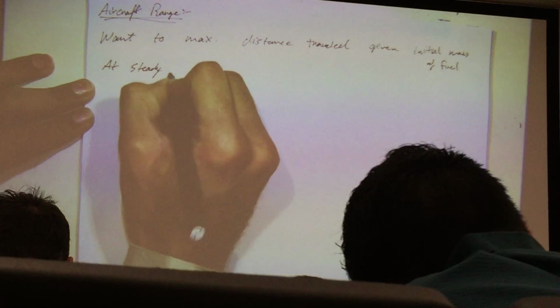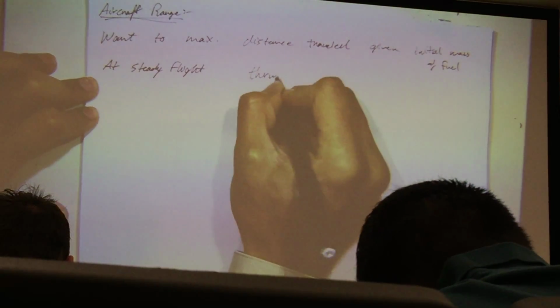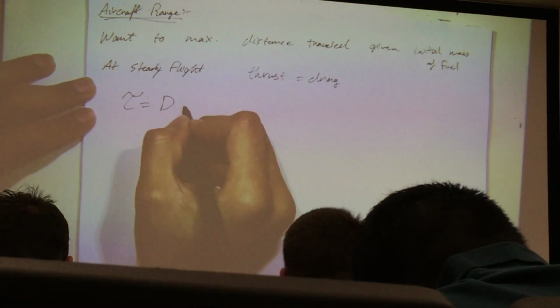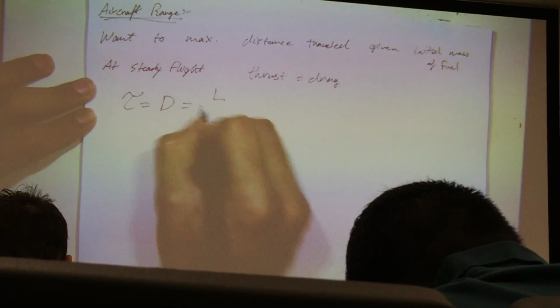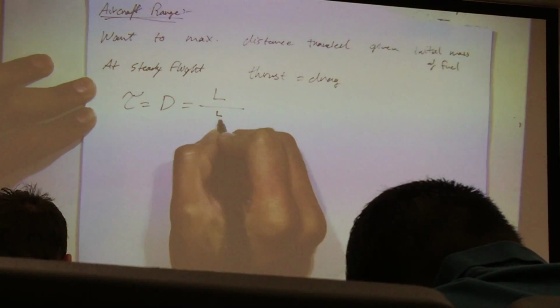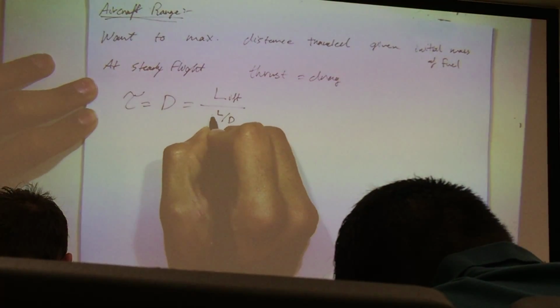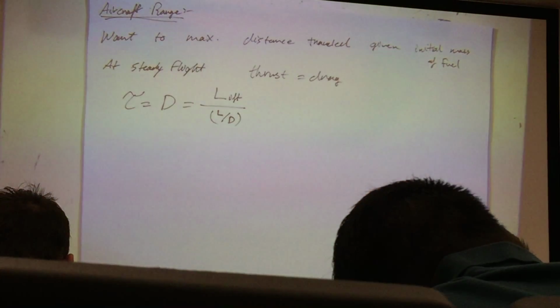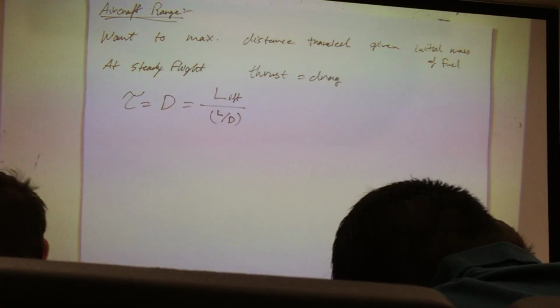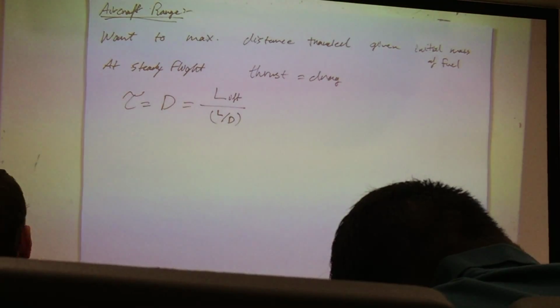And it comes down to this: if we have a steady flight, thrust is really equal to drag. So thrust is equal to my drag force, and I can characterize my drag force by lift divided by some characteristic L over D of the aircraft itself, meaning the length of the aircraft relative to its effective area, and therefore that gives me my drag.